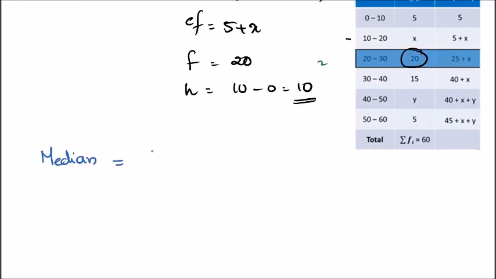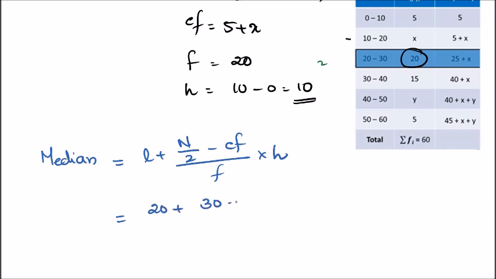So substitute these values. Median is equal to L plus (n by 2 minus CF) divided by F into H. L is 20, plus n by 2 is 30, minus CF.